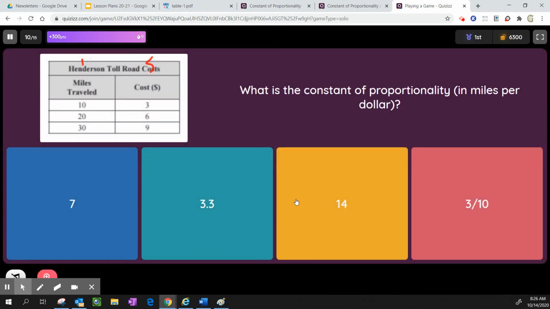And for this one, again, constant of proportionality, I want to go ahead and get my 1. So I'm going to do miles per dollar. And so when I do that, I'm going to end up with, this one should actually, well, on yours will say dollars per mile.